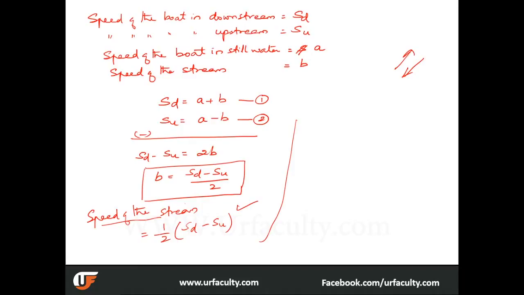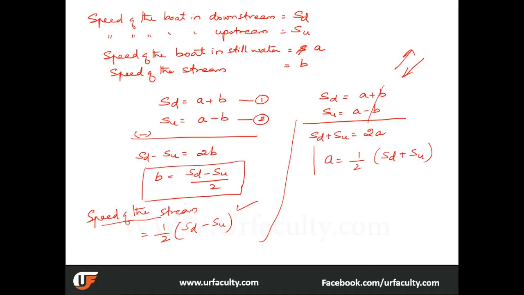Now, with the same equation, I'll just write the equation again: A plus B and SU is equal to A minus B. What if we add both of them? SD plus SU is equal to, you can cancel this off, becomes 2A. So A is equal to half of SD plus SU. What is this?